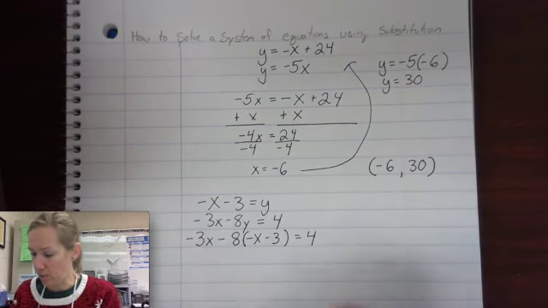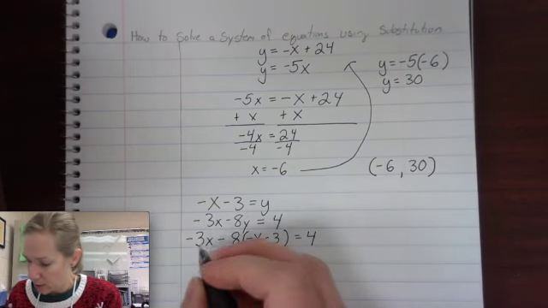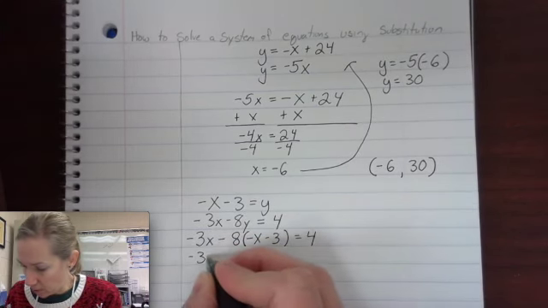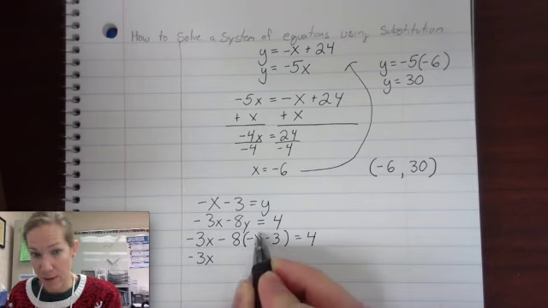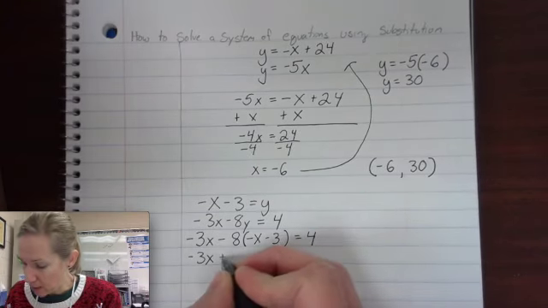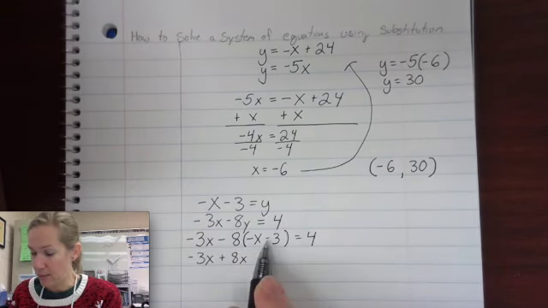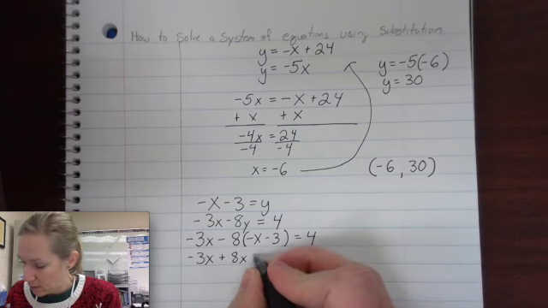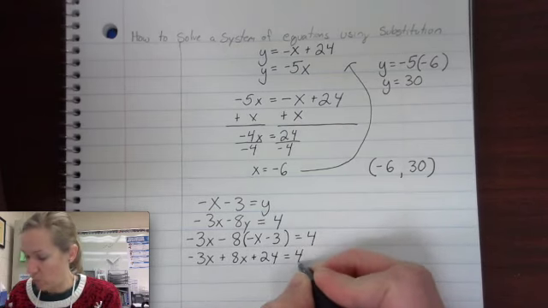Now I need to solve for x. The first thing we need to do is distribute. So this doesn't change, negative 3x. Negative 8 times negative x is a positive 8x. Negative 8 times negative 3 is a positive 24 equals 4.